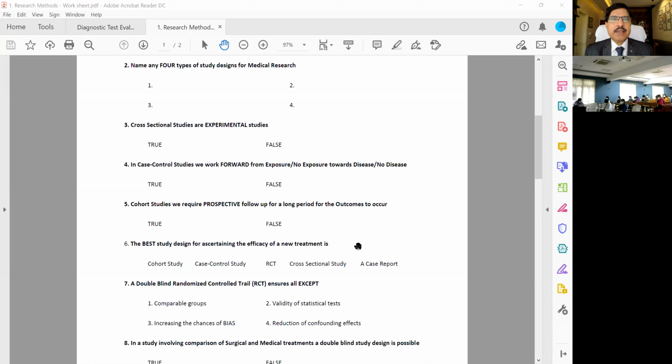What is the relative risk? Relative risk is the incidence in the exposed group. That means among the smokers, how many have developed lung cancer? That is the incidence in the exposed group compared to the incidence in the non-exposed group. Incidence in the non-exposed group, how many among my non-smokers developed lung cancer? You just use these two incidences and one divided by the other is a relative risk.